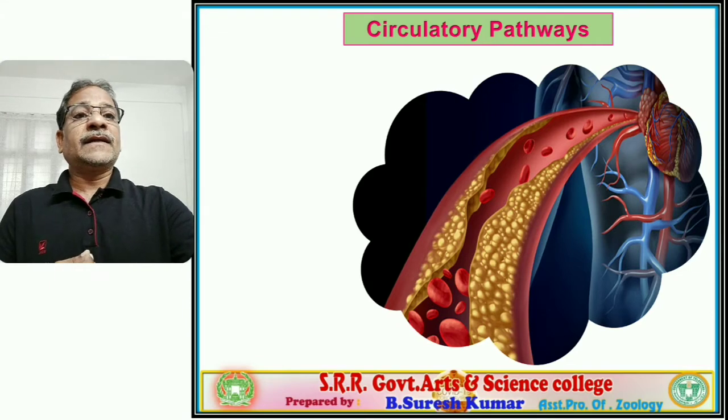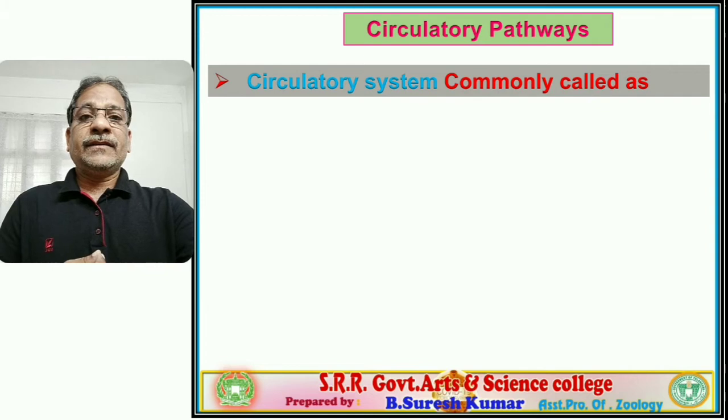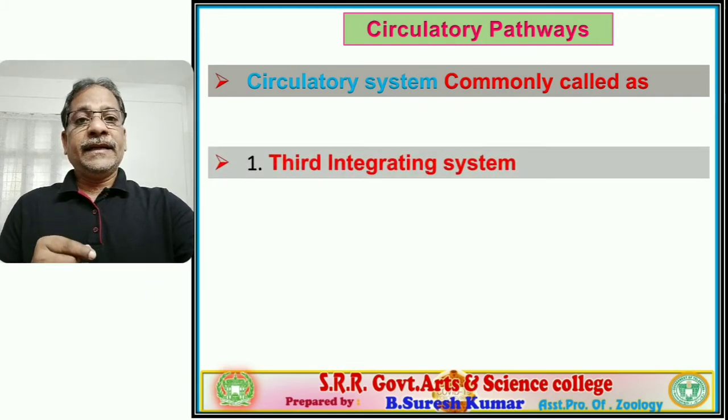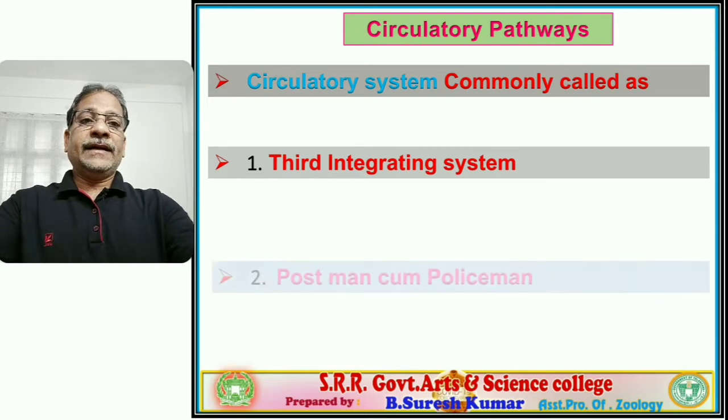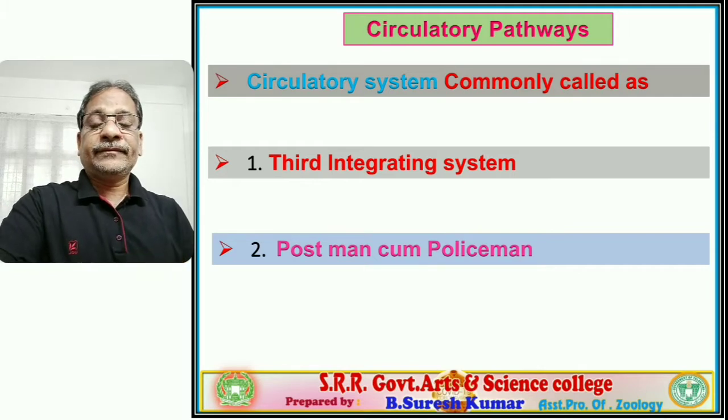Let us discuss. The circulatory system is commonly called the third integrating system, as well as postman cum policeman.